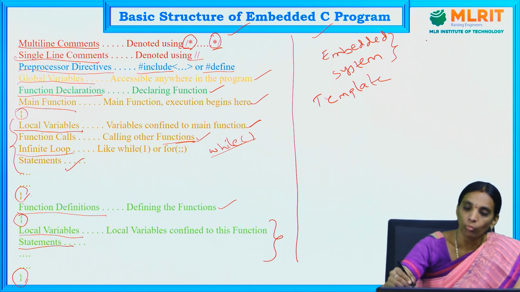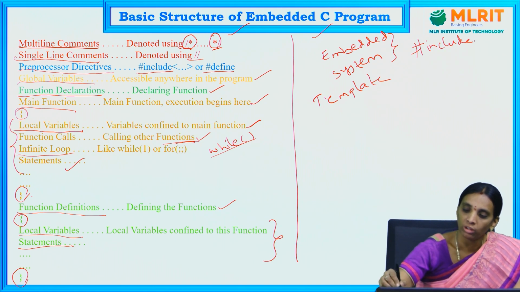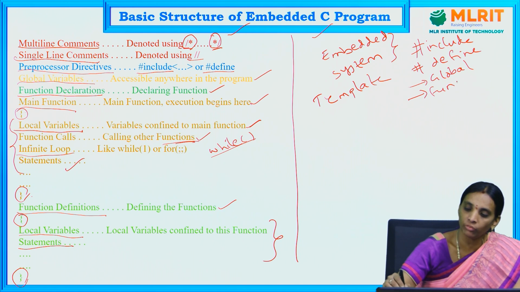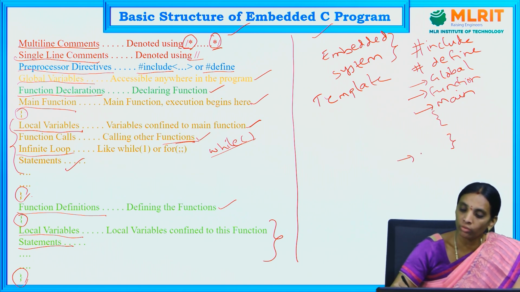So first, we need to write the preprocessor directives, like hash include or hash define. And next, we need to declare the global variables and the function names, the function declarations, and next we are writing the main function, and after that we are going to write the functions.